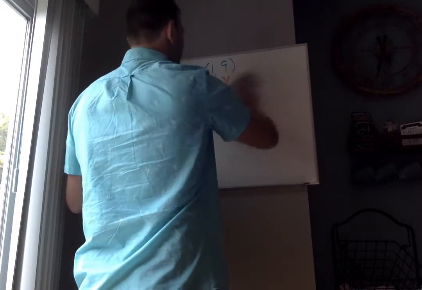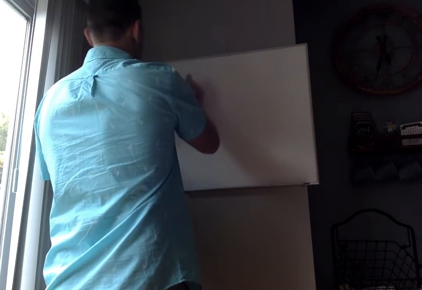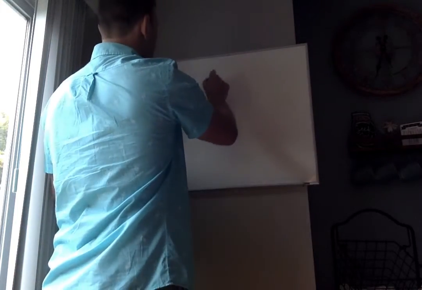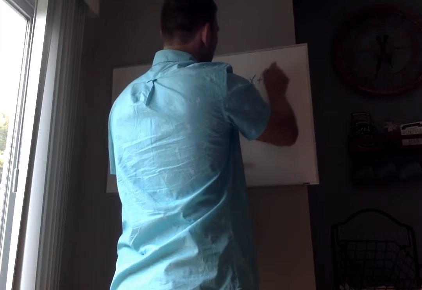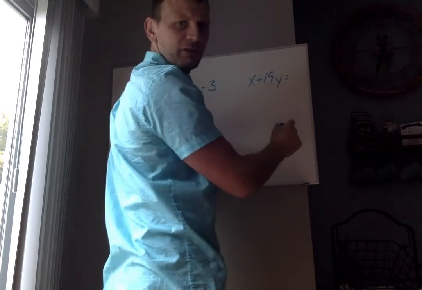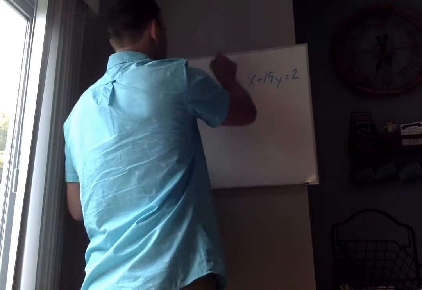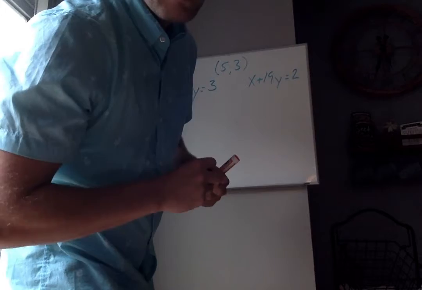Hopefully this one I do get a solution for, so you can see what that looks like. So this is 7x plus 3y equals 3. And the other equation is x plus 19y equals 2. And my point is (5, 3). Okay?